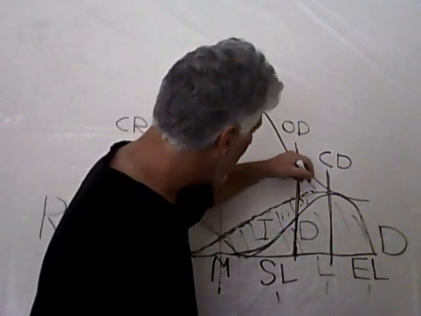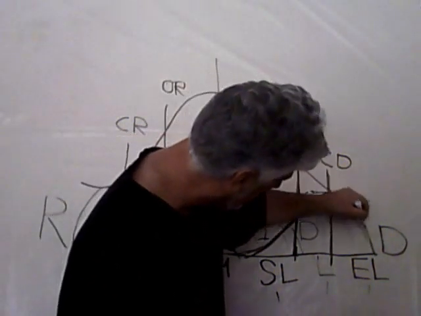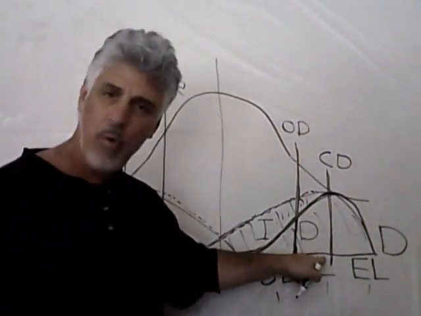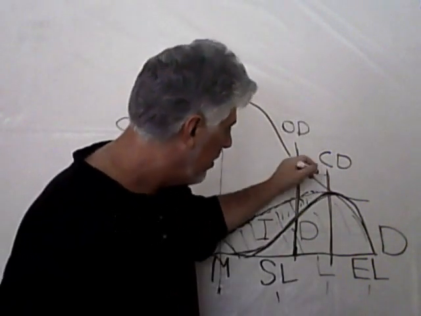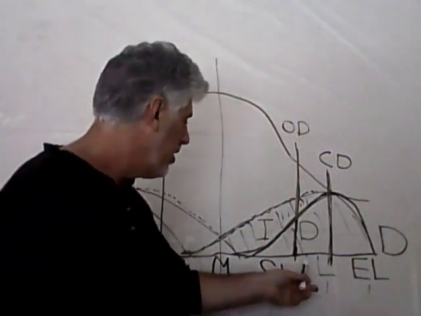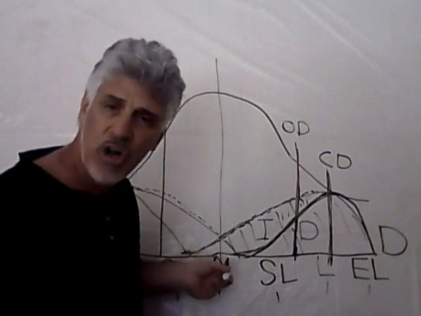Well, which kind of candidate, if we're talking about this closed Democratic primary right here, what kind of candidate is going to win? If the median voter is somebody who's kind of liberal, is a moderate Democrat going to ever win? No, they're going to hardly get any votes.